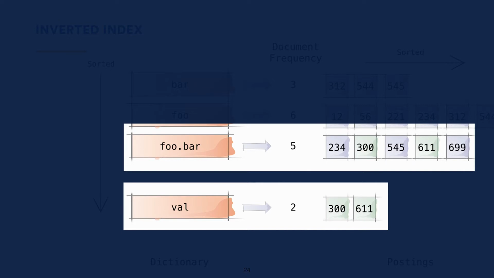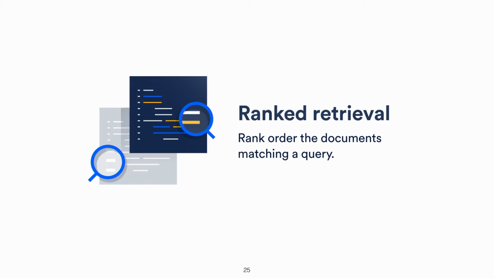If you followed closely, you might have noticed that I only talked about the result set. But there's an expectation that the best matching document is the one that is in the top of the result list. And that is what ranked retrieval is all about.